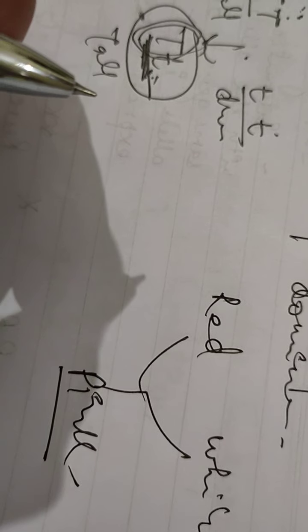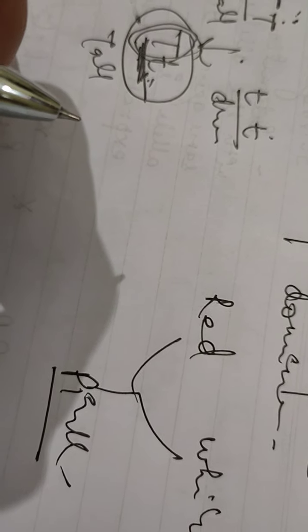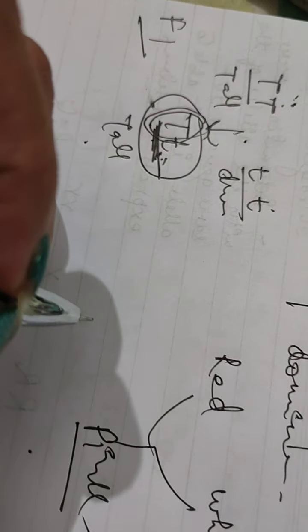In the F2 generation, 3 upon 4 individuals show the phenotype of the F1 generation in case of dominance, but in incomplete dominance, in the F2 generation, half the individuals show the phenotype of the F1 generation.